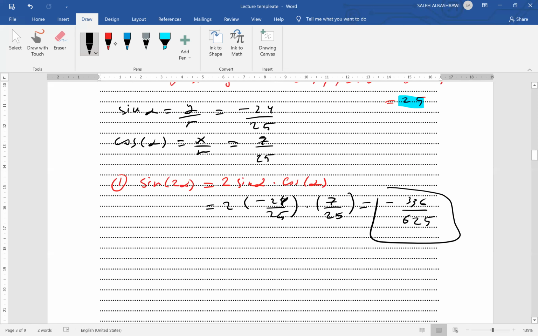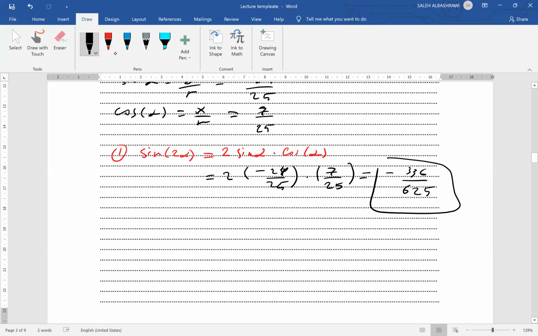For cosine 2 alpha, which is equal to 2 multiplied by cosine square alpha minus 1. This is 2 multiplied by cosine, given by 7 over 25, squared, minus 1.